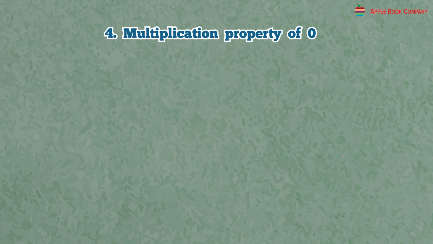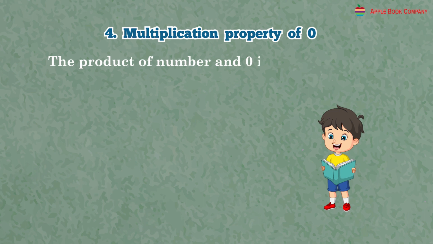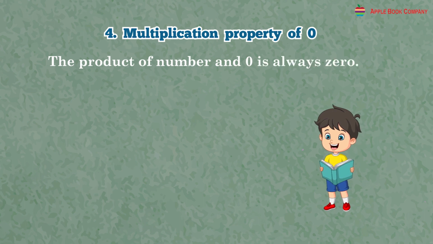Multiplication property of 0. The product of a number and 0 is always 0.